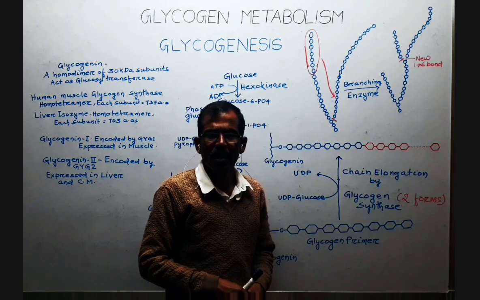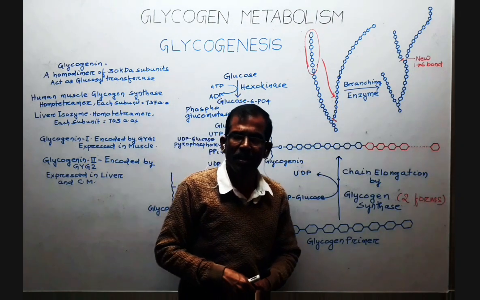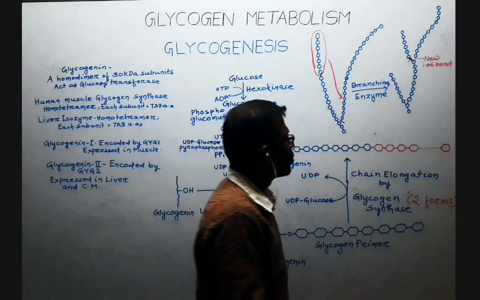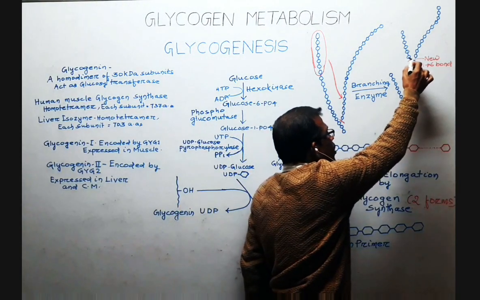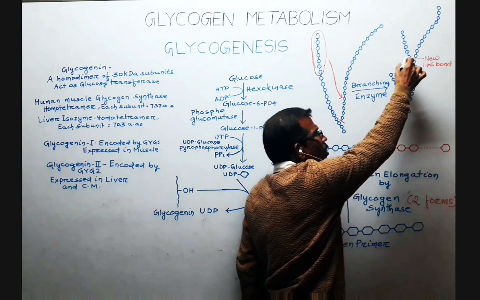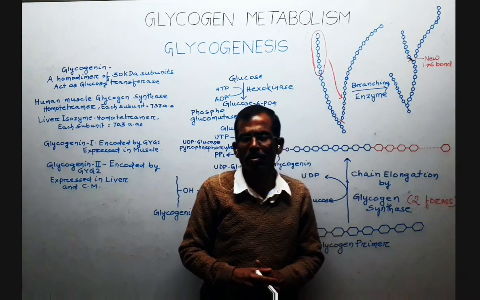The enzyme amylo-1,4-1,6 transglycosylase generates the alpha-1,6 glycosidic bond. So friends, this is the newly formed branch point, and the glycosidic bond formed here is an alpha-1,6 glycosidic bond.